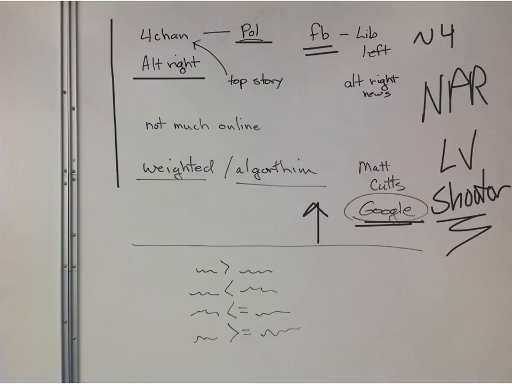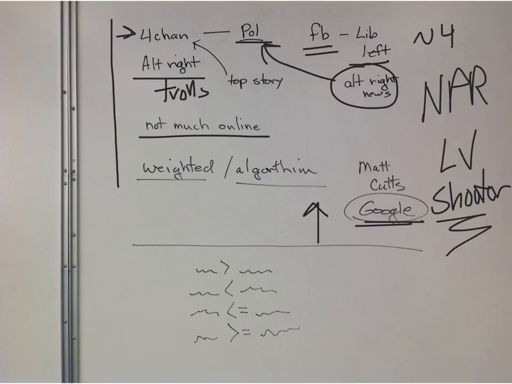Some anonymous alt-right trolls, that's what they call them in the article, got the name, went to his Facebook, saw that he was liberal and left, and so through these alt-right news and poll forums, they started saying that this gentleman was the shooter. He had not much online, so as soon as he started gathering online information, it became the priority.